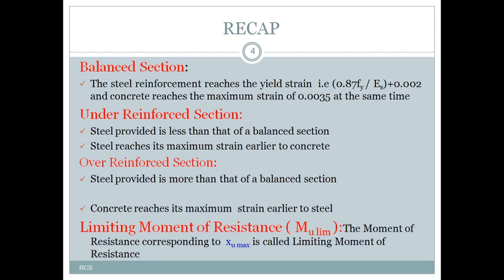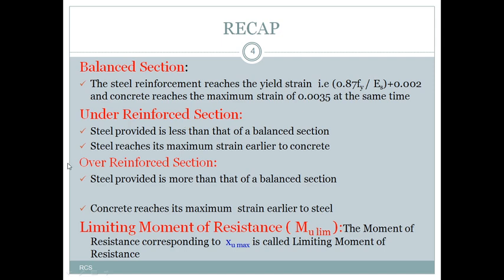And I also told you that it is safer. How is it safer? It is safer because before failure steel will give sufficient warning, as it is a ductile material. Because of these two reasons, designers will prefer only under reinforced sections.